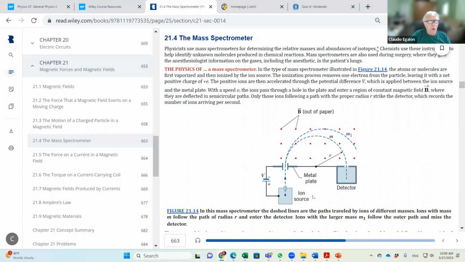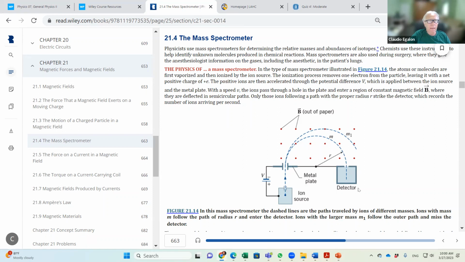In this case, we have an ion source. This ion source is subjected to an electric field that accelerates it from 0 to a given velocity. Once it exits this region, the particle undergoes uniform circular motion.